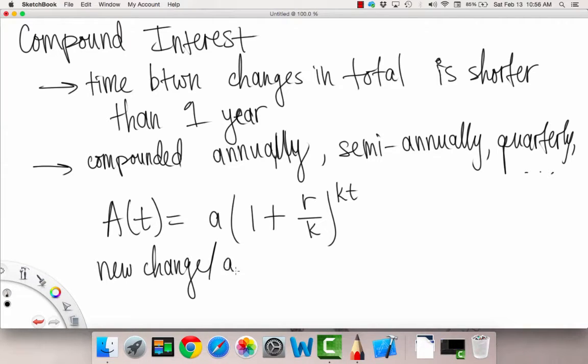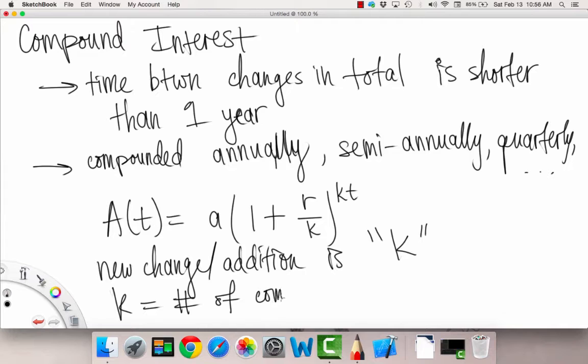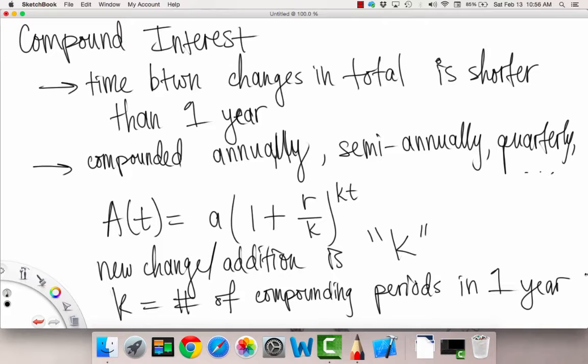So what is k? K represents the number of compounding periods in 1 year. So let's explore this concept of k some more on the next slide.